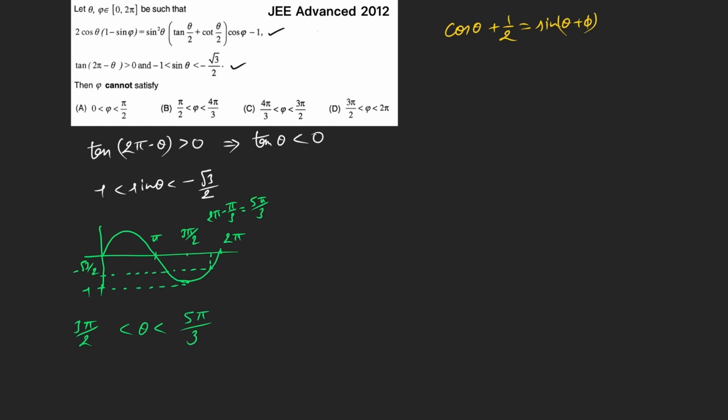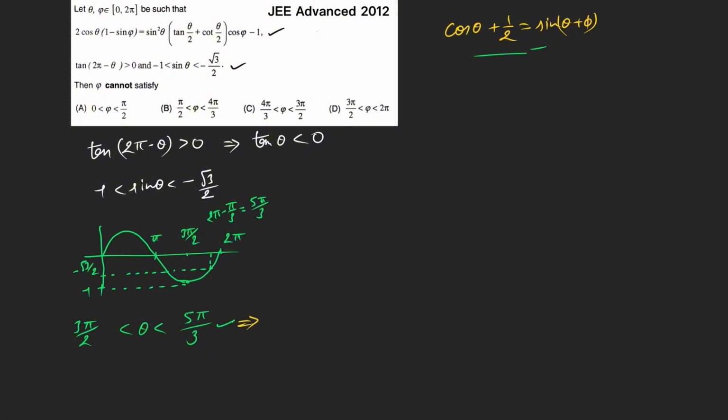Now we can combine this information with this result and find the range of phi. How can we do that? We can see that in this equation, we have cos theta plus half on the left hand side. So we can find the range of cos theta plus half given the range of theta. So let's do that.